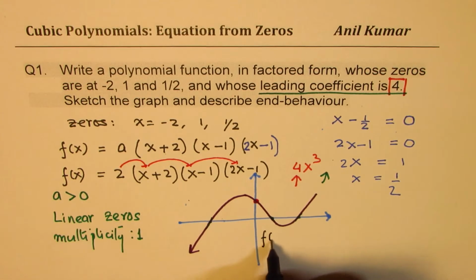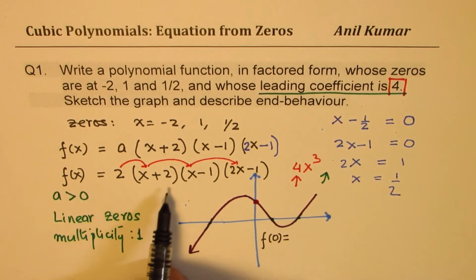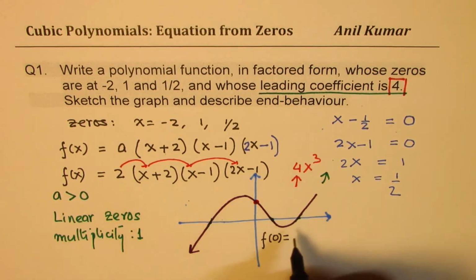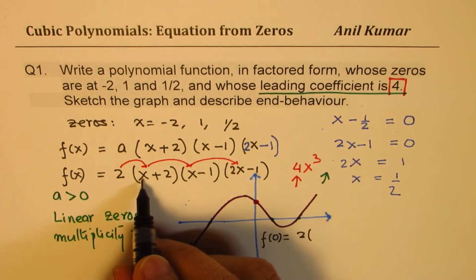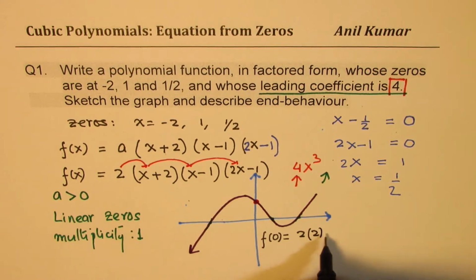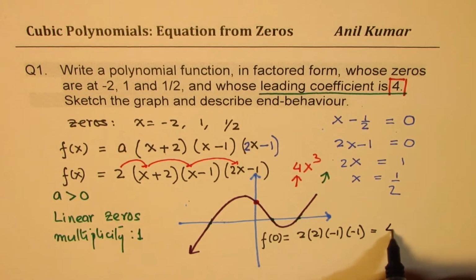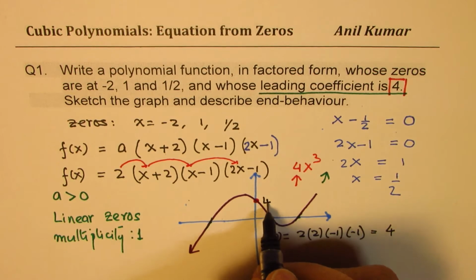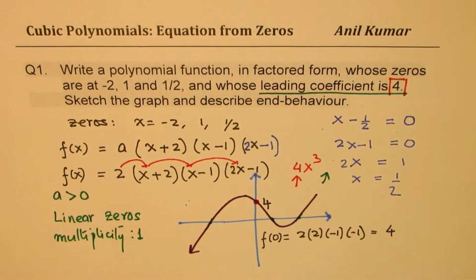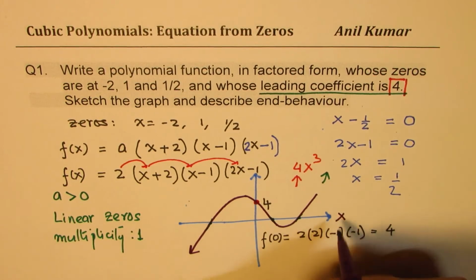So let me write here itself. f of 0 will be, if I write 0 for x, then I get 2 times this will be only 2. Then we have -1 times -1. Correct? So we get these two will give us positive 4. So that point is at 4. So that is how we are going to sketch the curve and label.